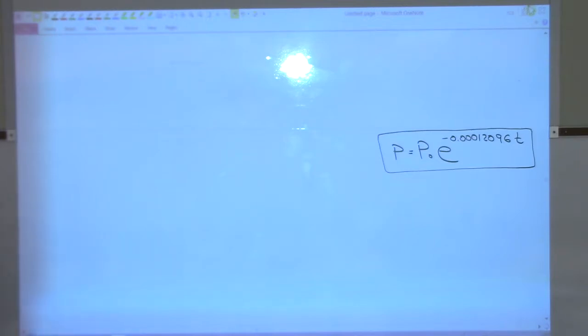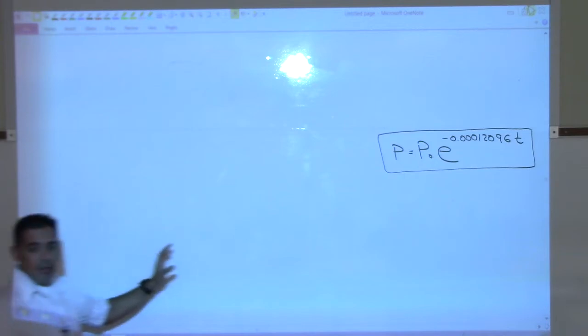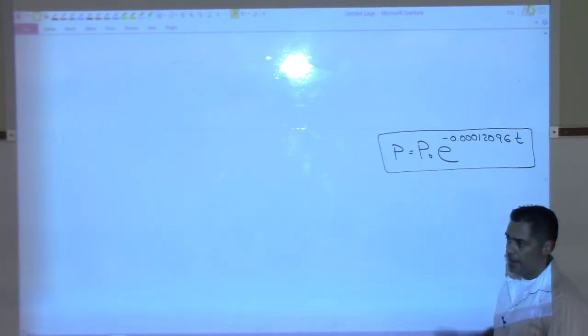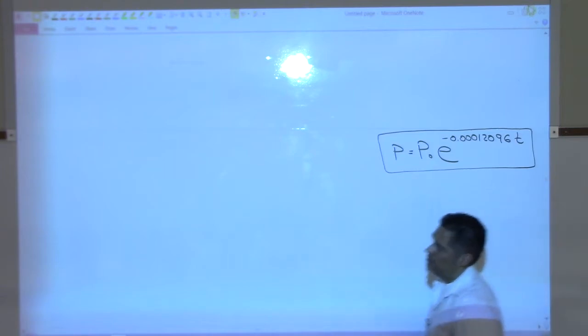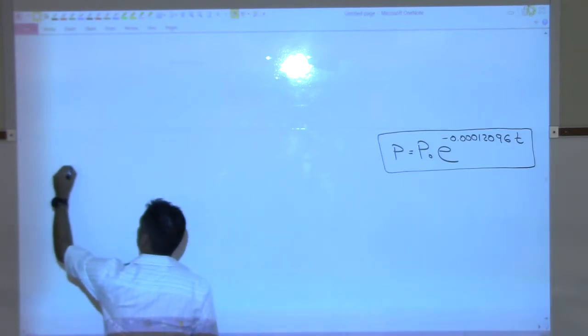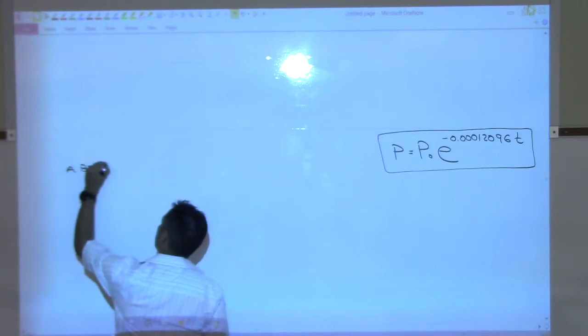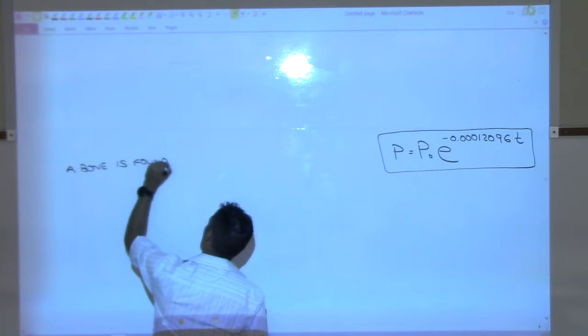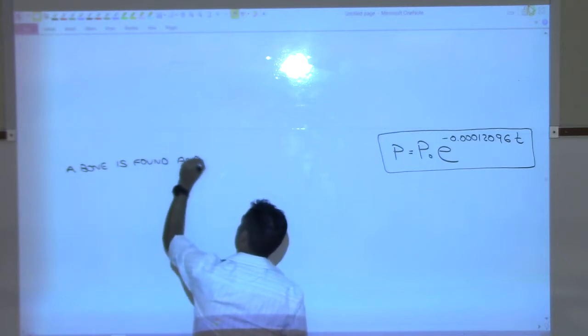All right, so you ready? We now have a formula that we can use for carbon-14. Let's actually do a problem, like an age problem. A bone is found and tested.